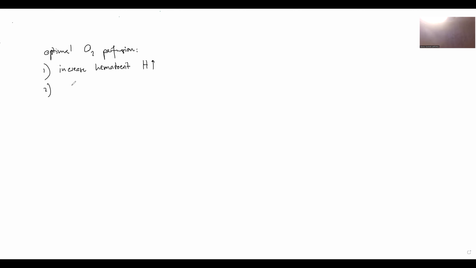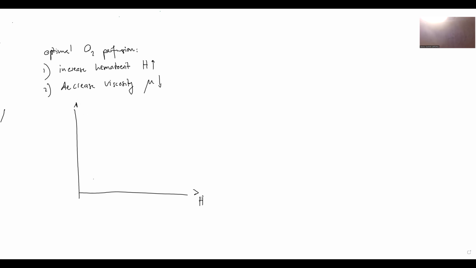And the second one is to decrease the viscosity. The lower the viscosity, the easier it is, the less resistance we have when we need to push blood through the body. Let me draw this diagram schematically again.